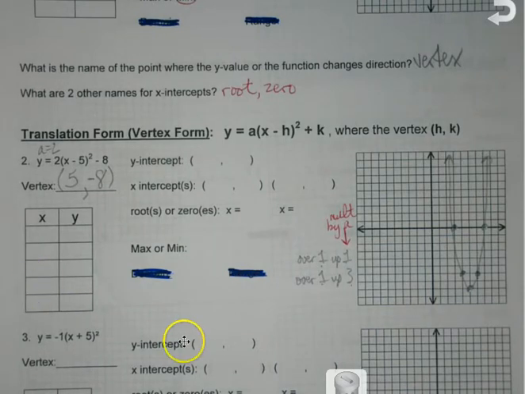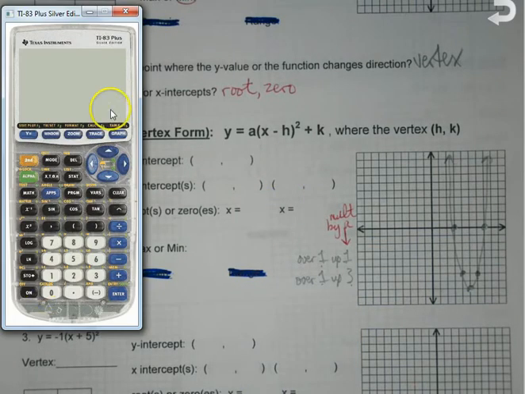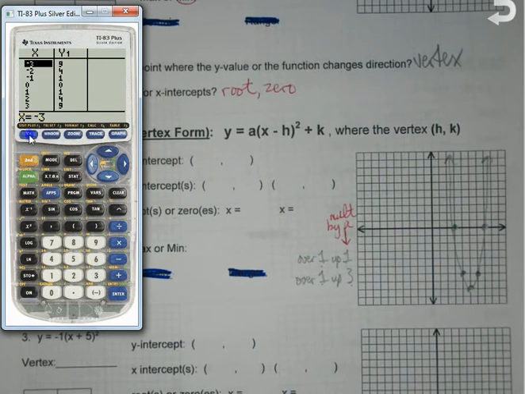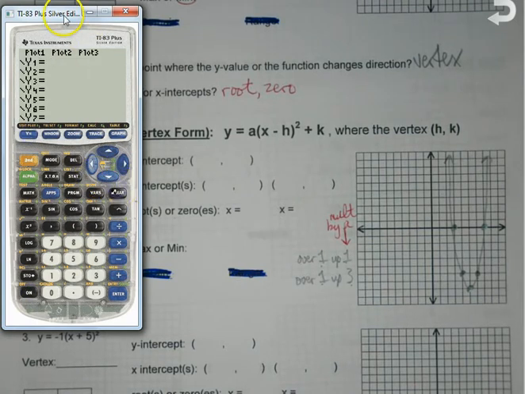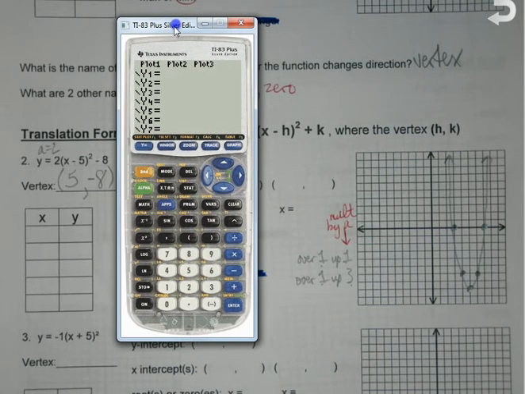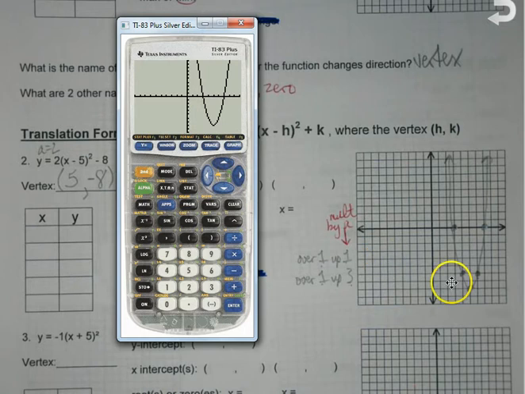Now again, I always have a backup plan. Let me squeeze this over so we can see the equation a little better, where I can type it into the calculator. Make sure I get everything in there right. Don't want to have something bad going in. I graph it, okay, mine looks like it's about the same. It's over to the right and down.